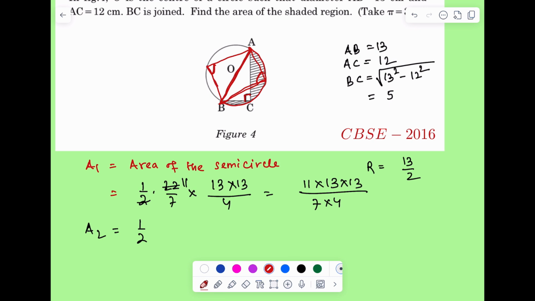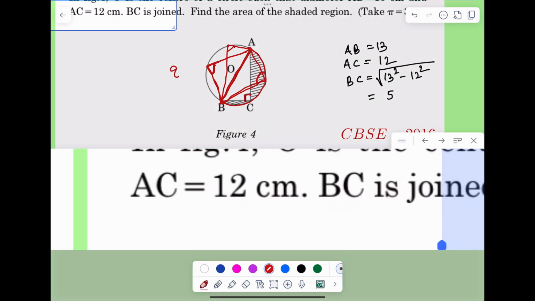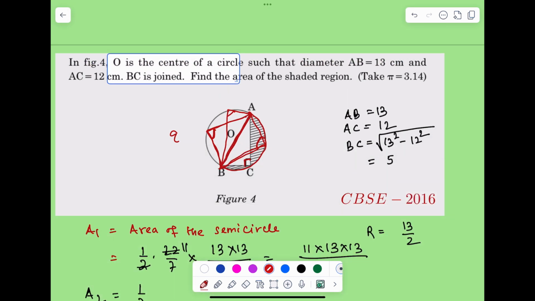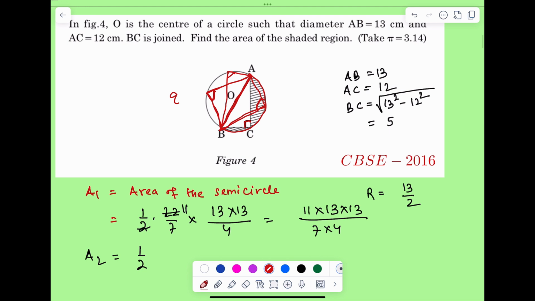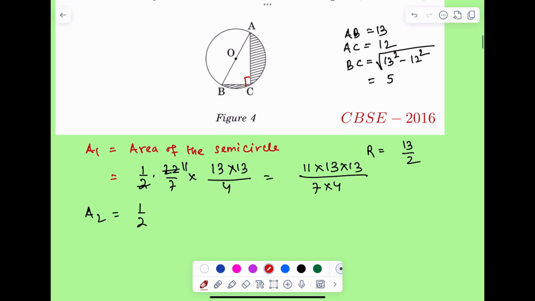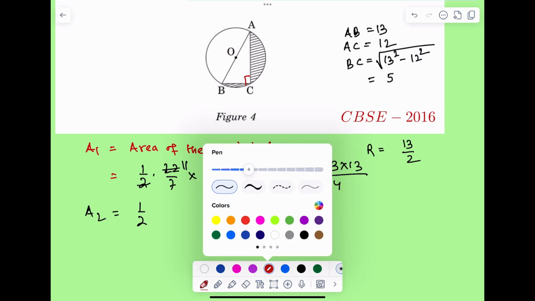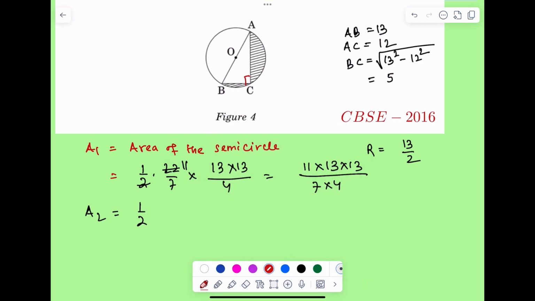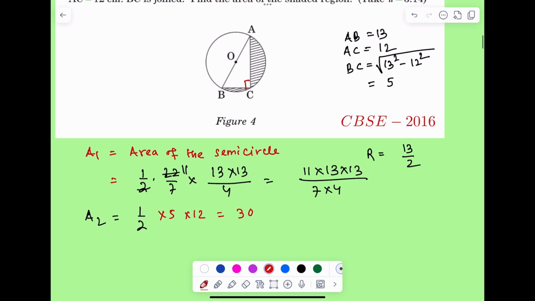That means the diameter subtends an angle 90 degree at any point on the circle. Now this angle is 90 degree, so that is half base into height. Half into base, which is 5, and AC is 12, which is equal to 30 centimeter square.